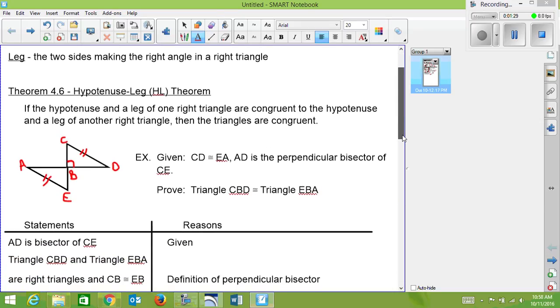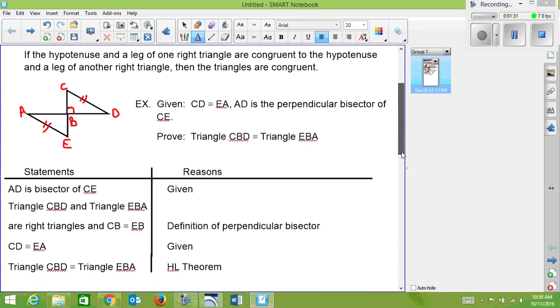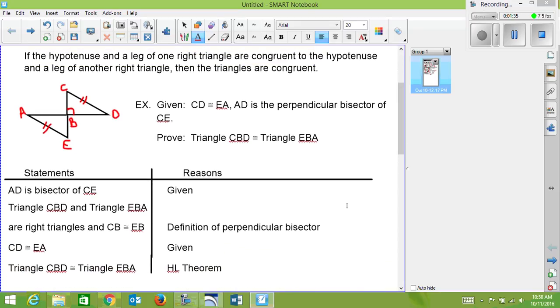And so here I have it started. Actually, it looks like I finished the whole thing. I said that AD is the bisector of CE, and that was given information. Then I said that triangle CBD and triangle EBA are right triangles, and I drew one right angle in there too, so I knew that.